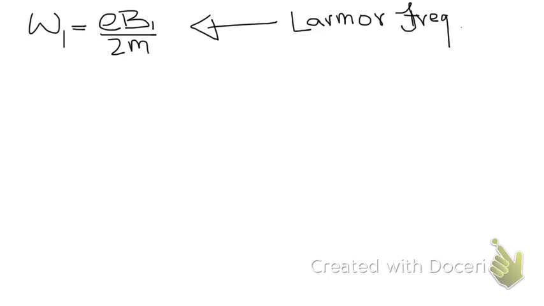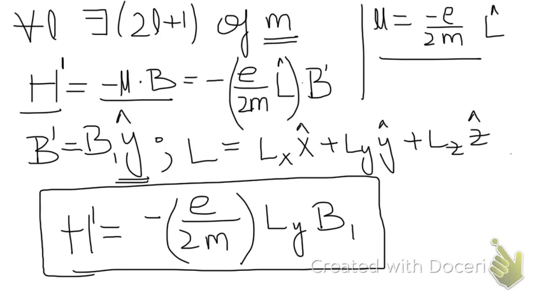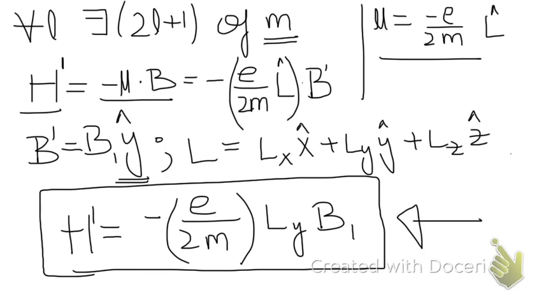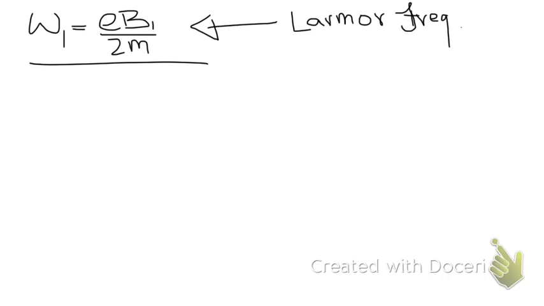Okay, so with this, let's go back to my Hamiltonian. This Hamiltonian can then be simplified and written in terms of the Larmor frequency omega 1. So you can see that my Larmor frequency is e B1 over 2m, so my H prime can then be written simply as H prime equals negative omega 1 Ly.